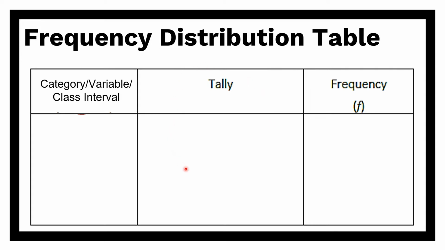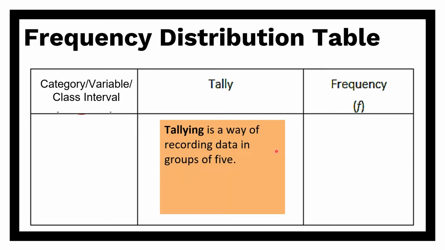A tally chart, or tally, is a simple way of recording and counting frequencies. So when we say tally, usually we record data in groups of 5s. I know that you are familiar with this.